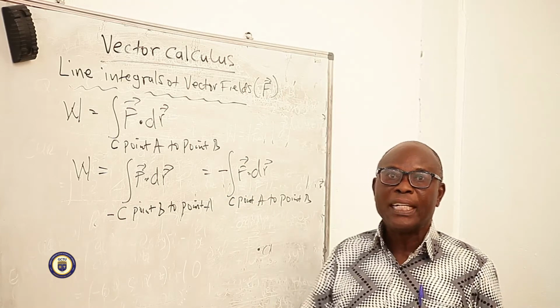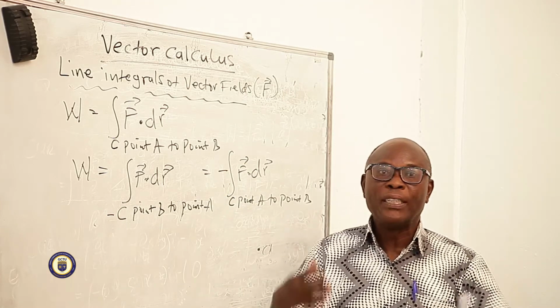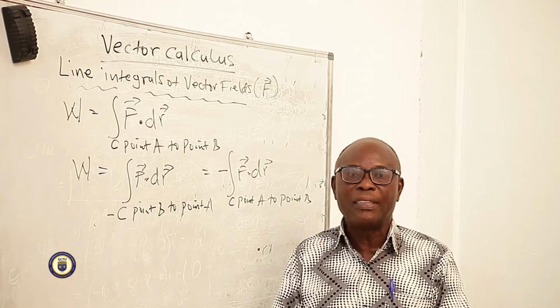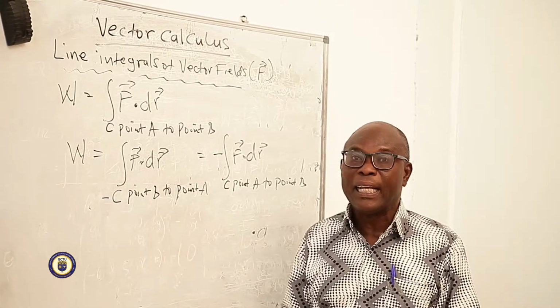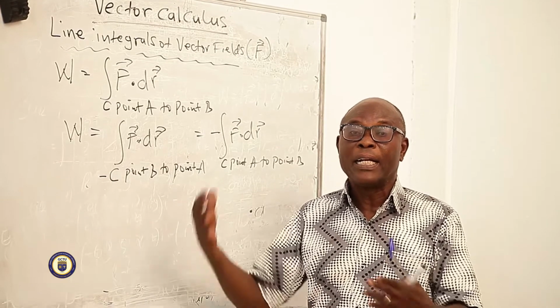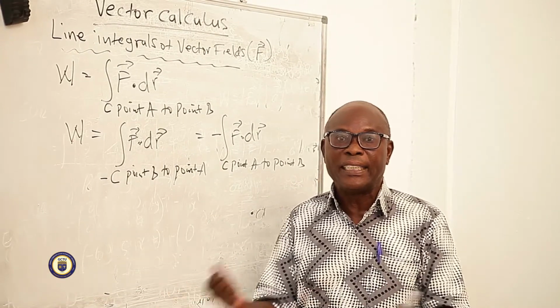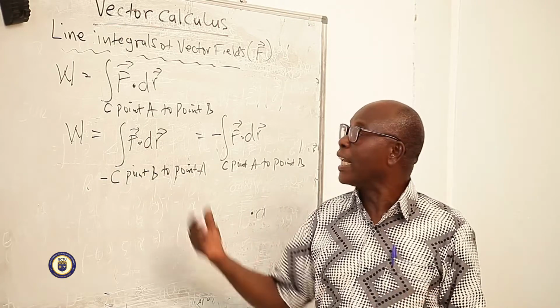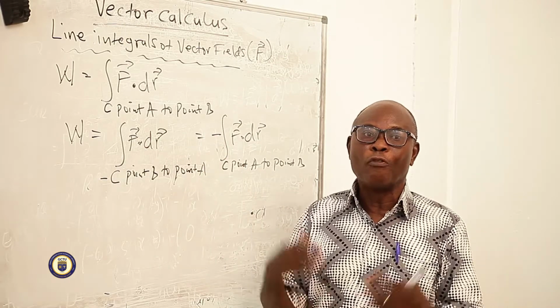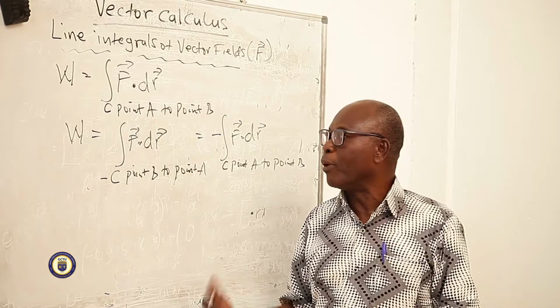And so the line integral from point A to point B gives us a particular value. Now if we calculate the line integral from the final destination to the initial destination, which is from point B to point A, the answer is the negative of the integral from point A to point B.